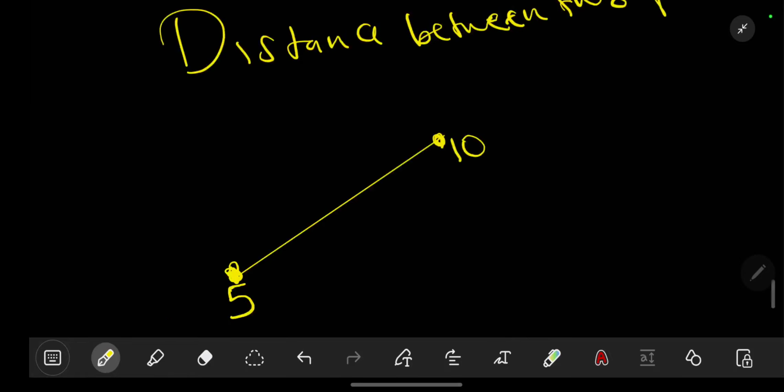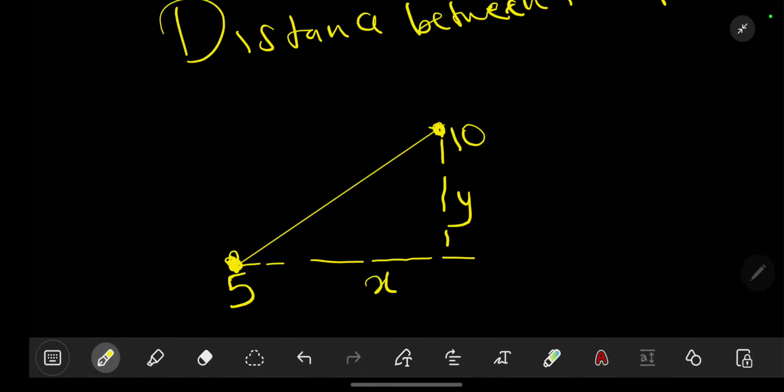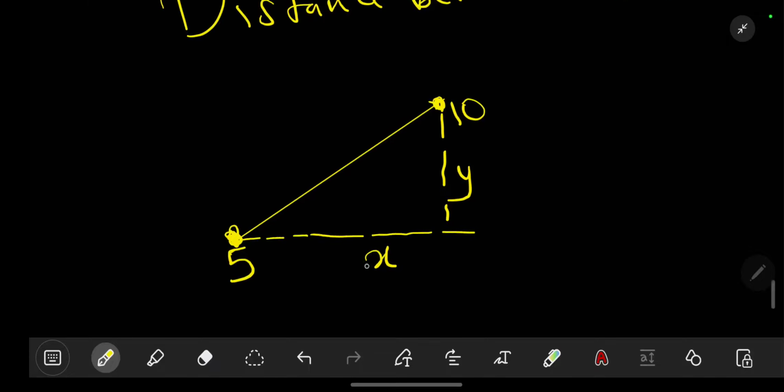Now the problem with coordinate geometry is this line already is a hypotenuse. You can split it into the x component and the y component like that. So you will need to subtract the x and the y, then square them.